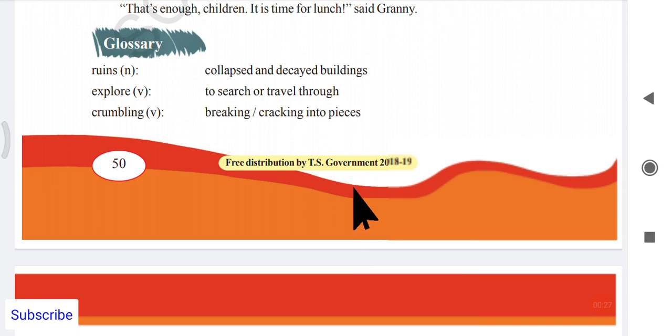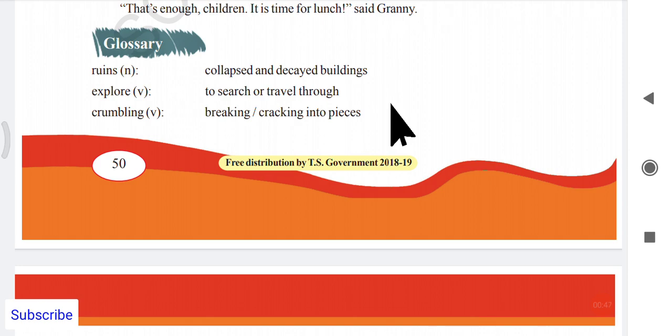First one, ruins. That is collapsed and decayed buildings. Decayed in the sense of empty or left buildings where there is no one. Next, explore, to search or travel through. Exploring something, exploring caves.